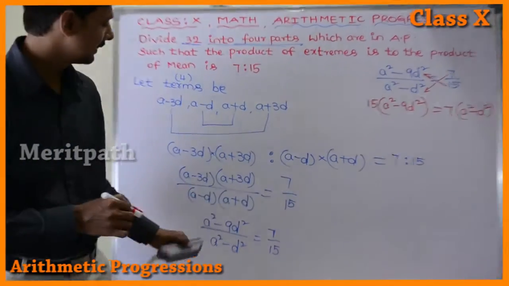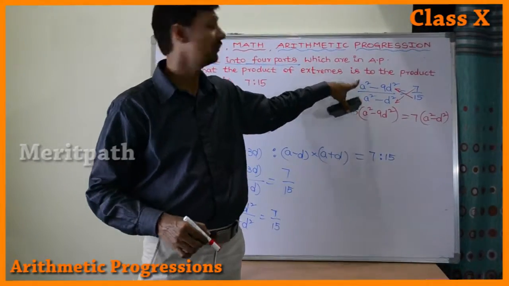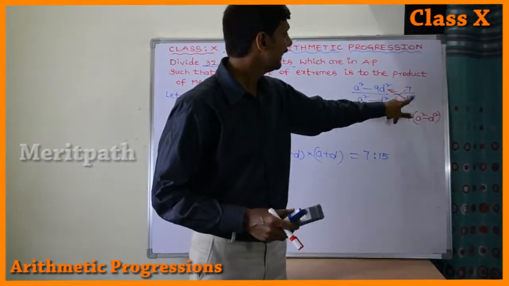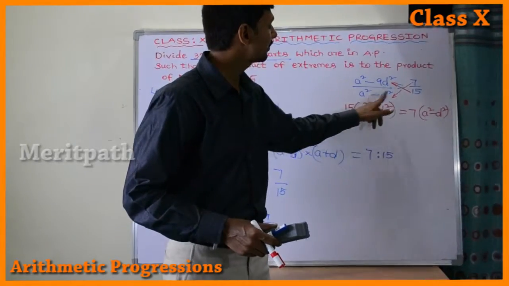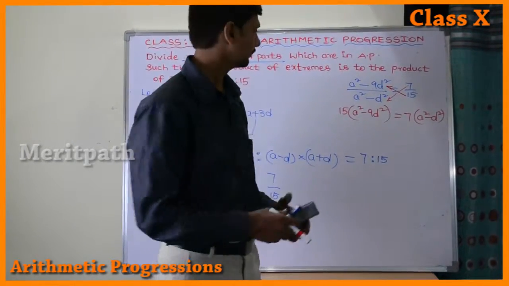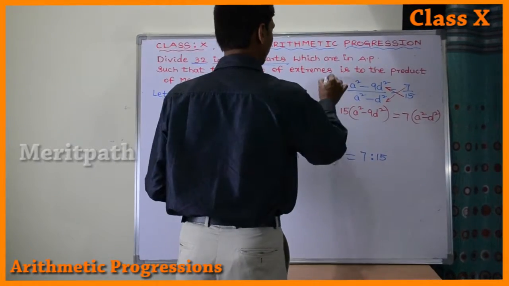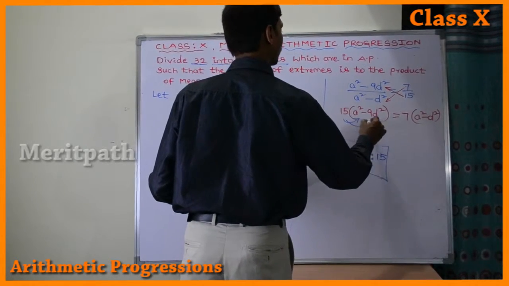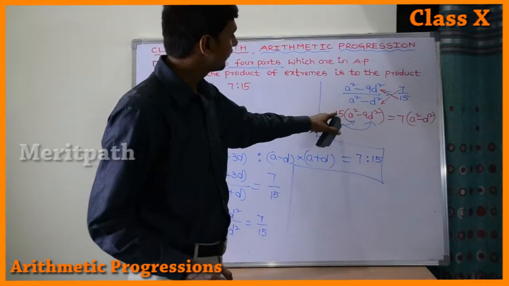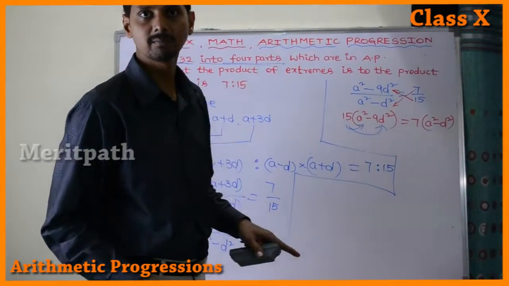So we have taken the same term here and then we are doing cross multiplication of it. So we got 15 into (a square minus 9d square) equals 7 into (a square minus d square). Then we need to distribute this 15 among these two terms, that is multiplication.